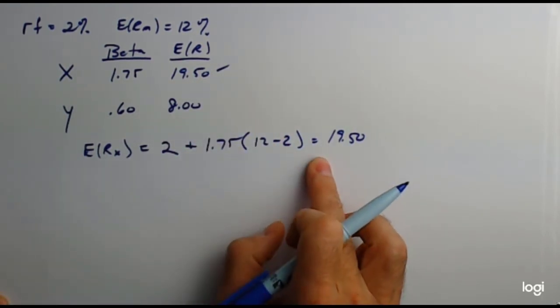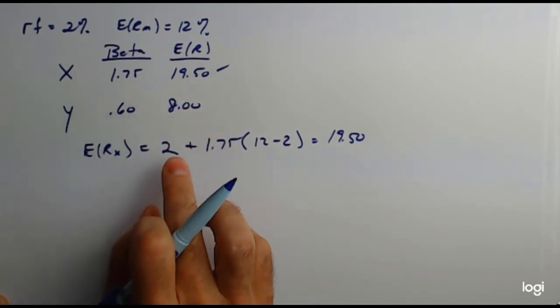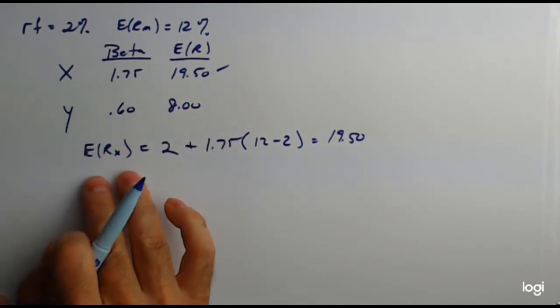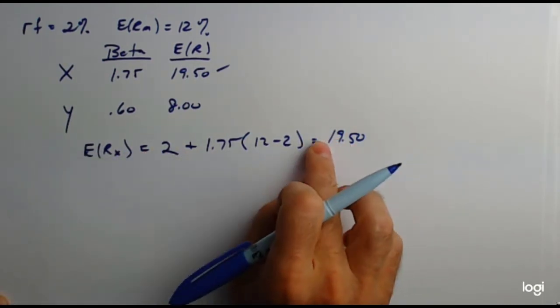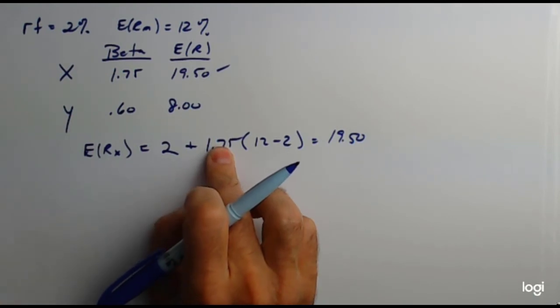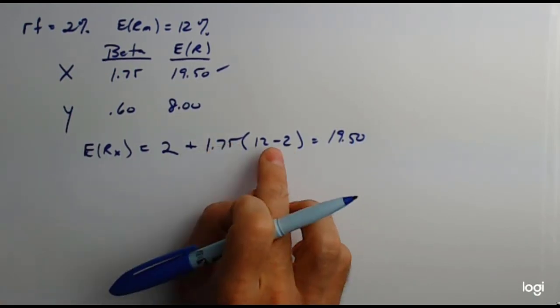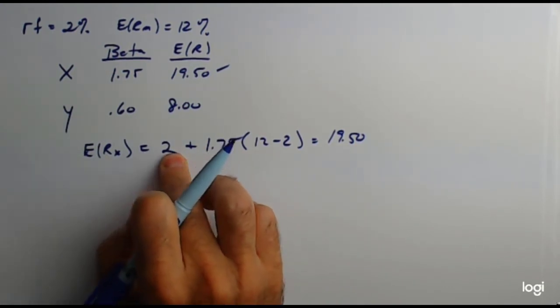Do the same calculation for Y, and you'll get the 8%. And notice that you've got X, you've got Y. Everything's the same in this equation for the security market line, except the beta changes for each stock because the quantity of systematic risk is different for each stock. But the market risk premium is the market risk premium, and the risk-free rate is the risk-free rate. Applies to all stocks.